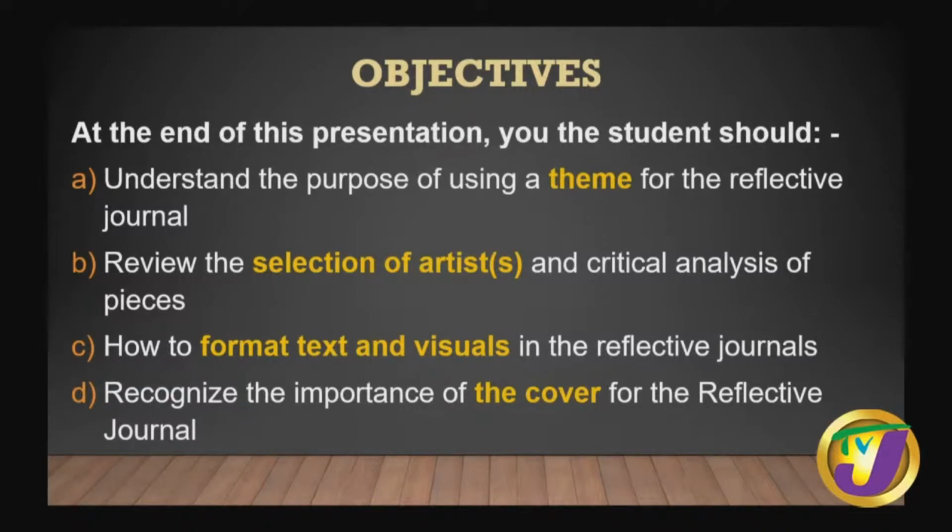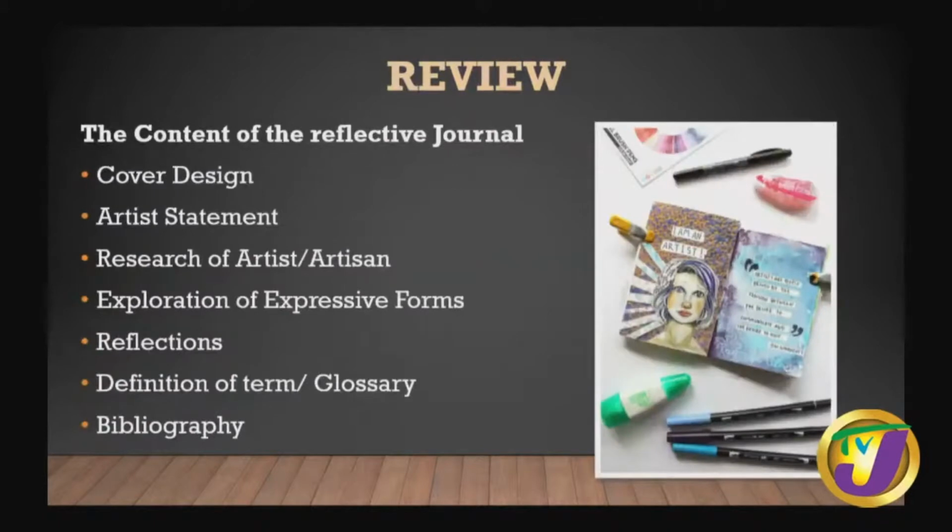We are also going to look at how to select your artist and how to format your text and visuals. And even though we mentioned it before, we're going to mention it again. Exactly. The cover of the reflective journal. So let's go.